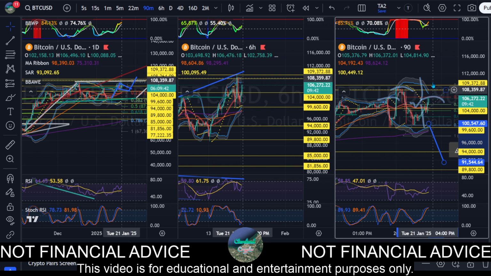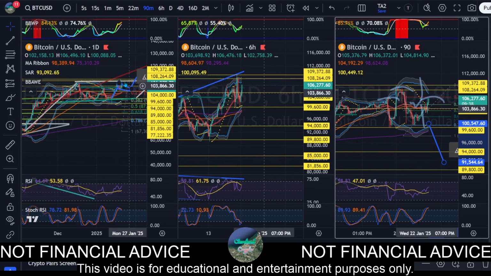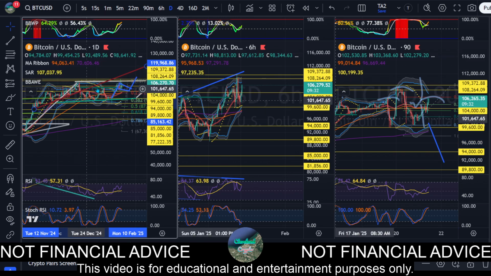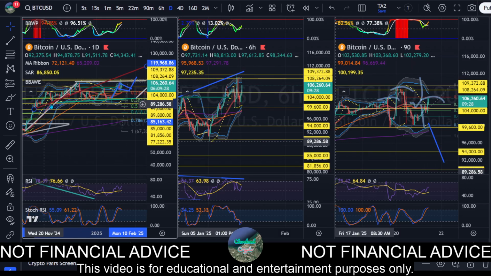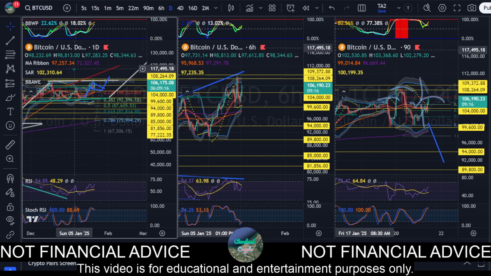Upside to where? Upside to retest all-time highs. If not, then about 110. And if higher than that, then we're looking at this upward trending resistance that used to be the bottom. It used to be a support here on this little uptrend, then turned to resistance here in December, and has remained above price action.